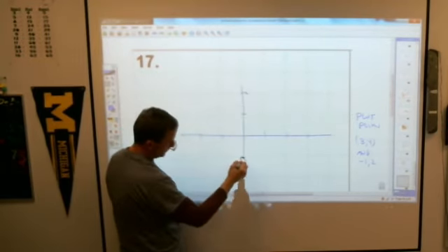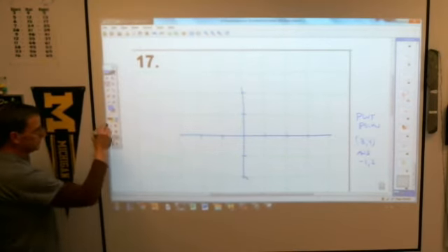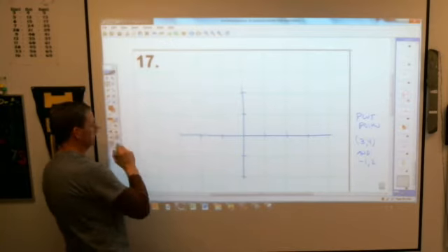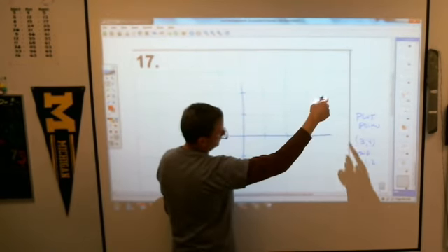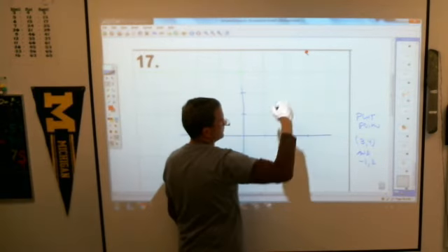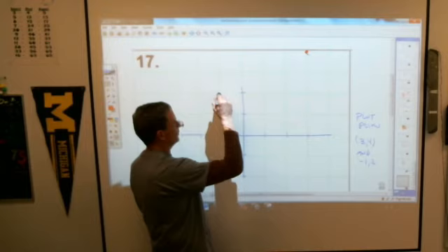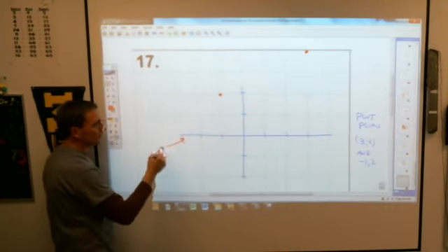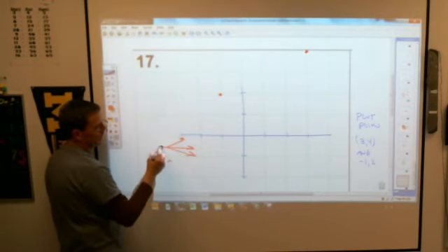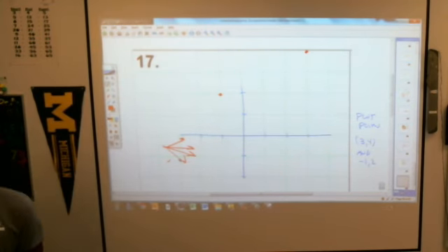Don't go making some willy-nilly hash marks wherever. And then when you plot the point, 3, 4, 1, 2, 3, 1, 2, 3, 4. I don't care if it ends up somewhere in the boondocks. -1, 2. Got that? You will use lines provided. It's just a good idea. It will save you much misery later on.